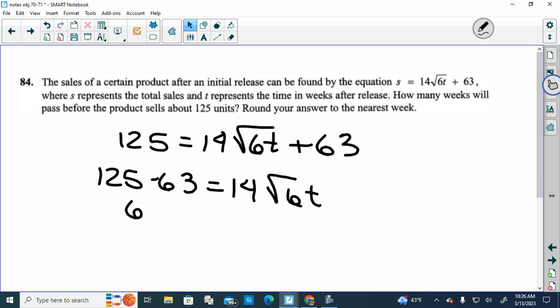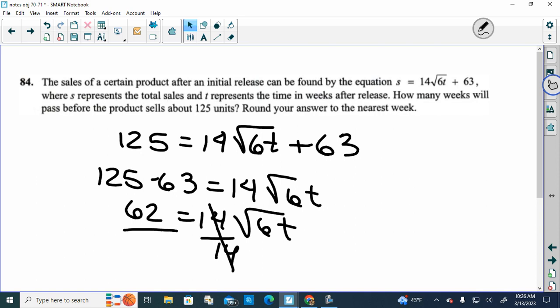So we got 62. Next one? Divide by 14. Now I want you to actually leave this, because we're going to have to do something with the 6 that'll make it a little bit different.